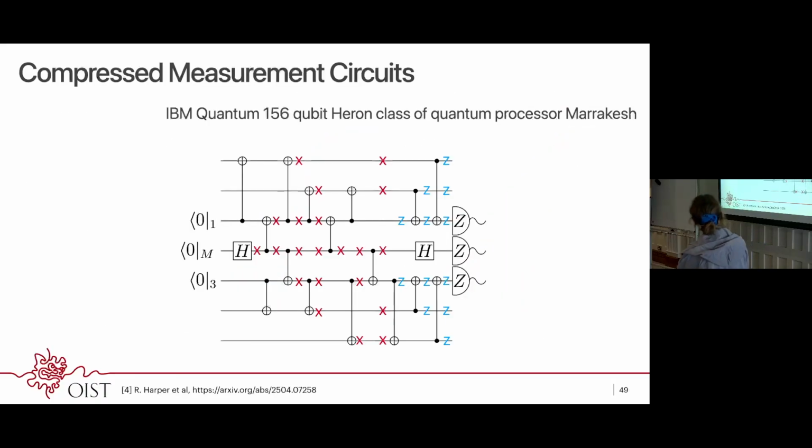So in this project, we use a modified measurement circuit designed by Robin compared with the original heavy hex implementation. The choice is motivated by the constraint of the IBM quantum Marrakesh device, where the measurement operations have relatively long durations.